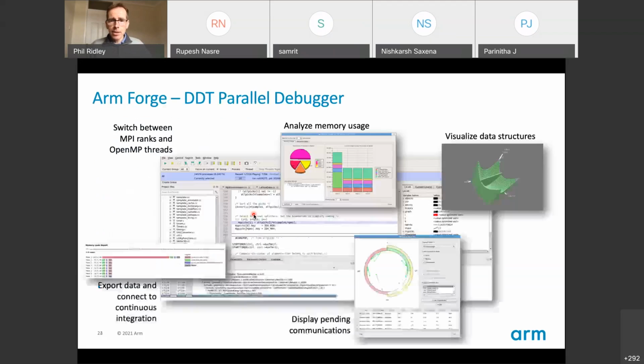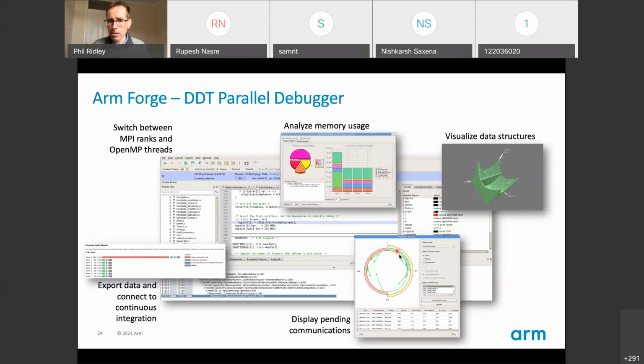To give an idea what it looks like, DDT, the debugger, you can run it with this nice GUI. You can look at your source code, you can look at memory usage, you can get a breakdown of memory usage, you can track any memory leaks, you can look at MPI performance.